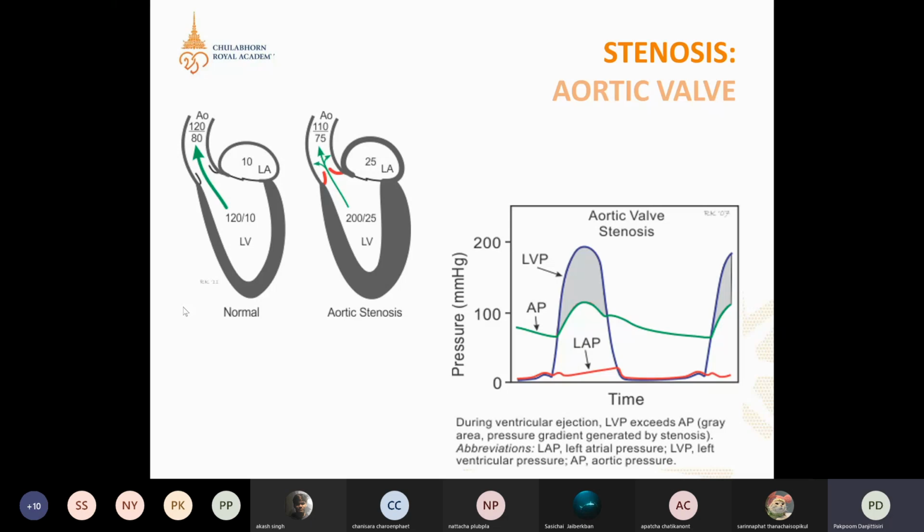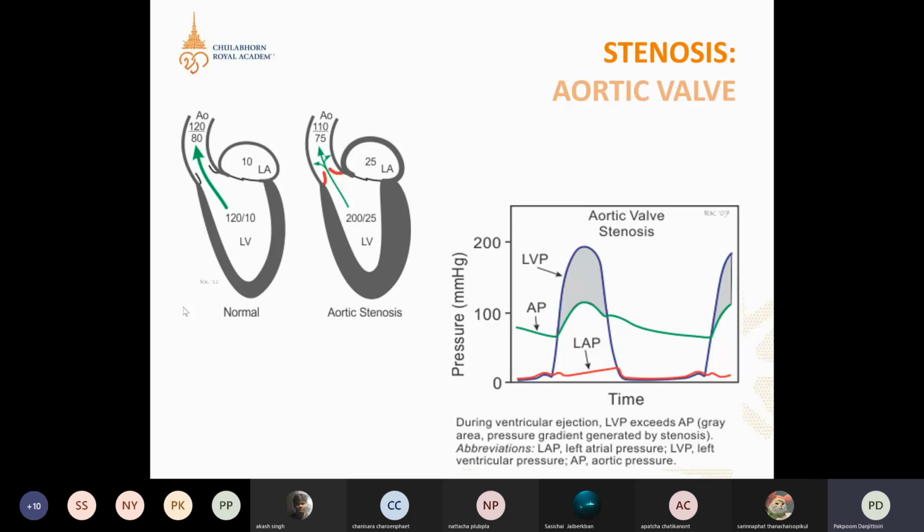So the left ventricle will try to compensate itself, to build up the muscle, to get more hypertrophy or something like that. After the LV can build the pressure higher than the aorta, the left ventricle will be able to pump out the blood into the aorta.